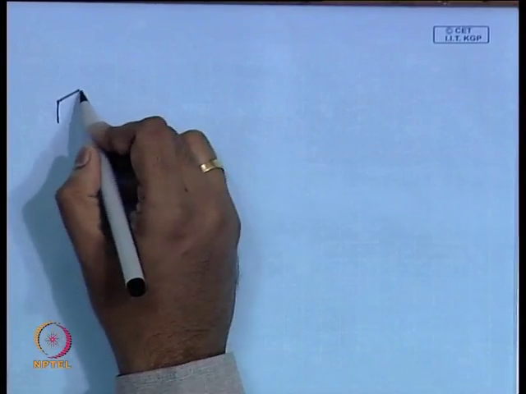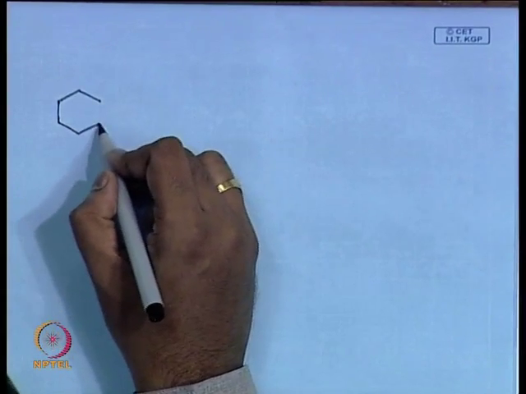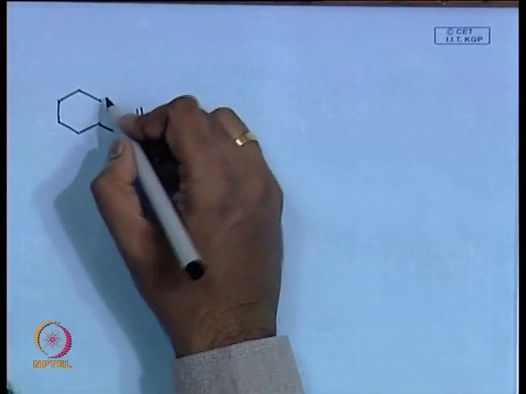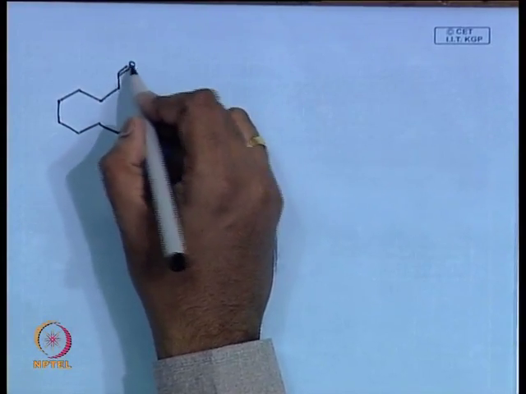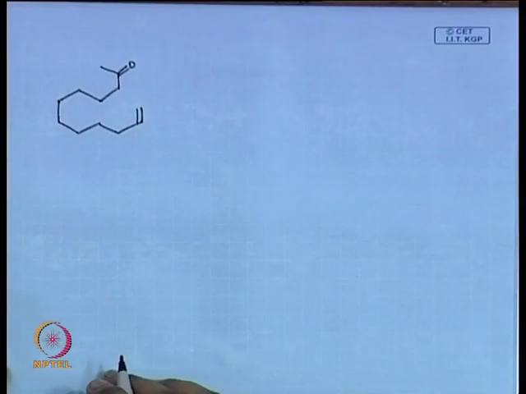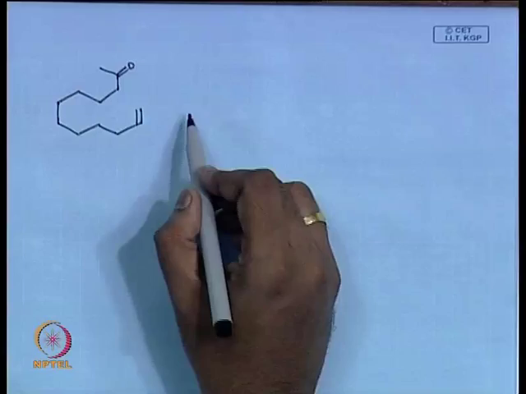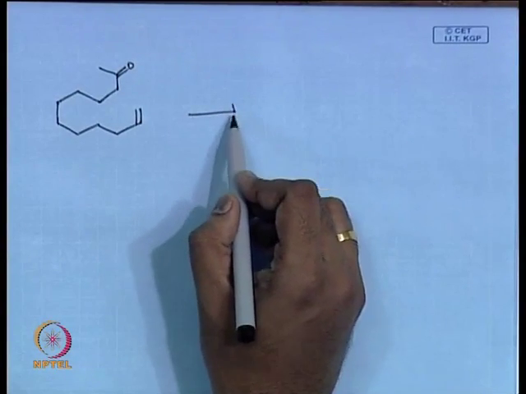Okay. Now, we will see some more examples which we can work on, some nice examples. We take this compound. Now, what happens? The first step, you think about the ionization, right?